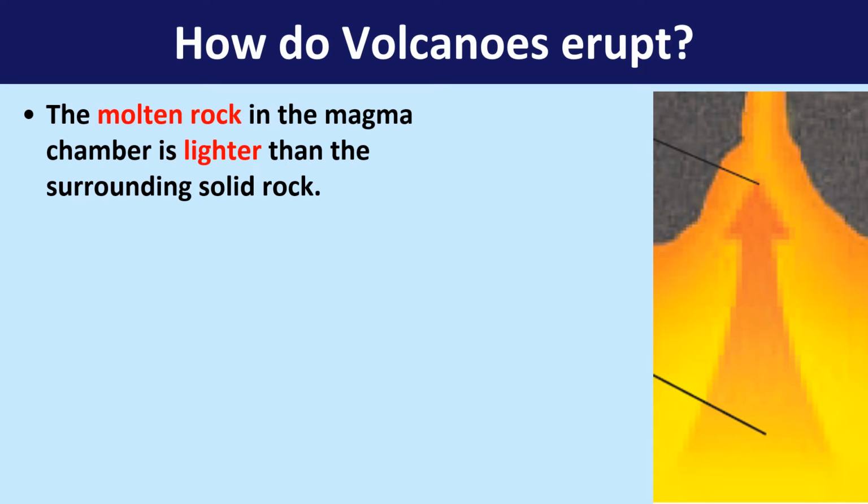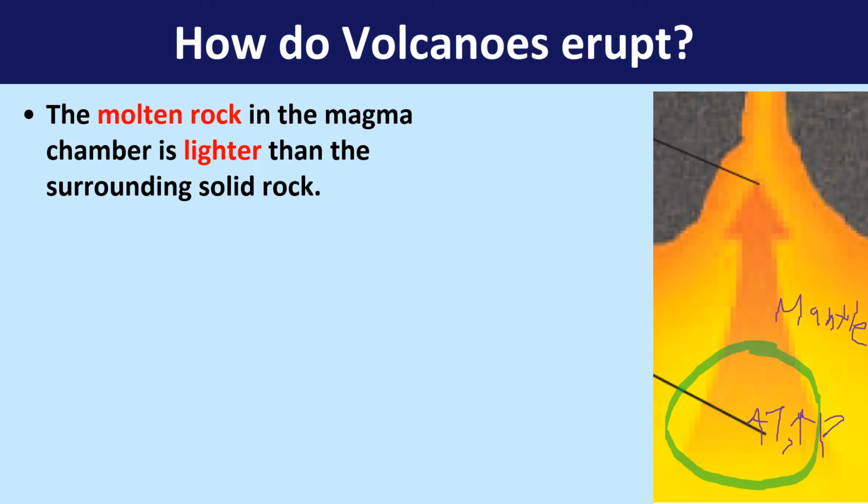So let's go through the steps. How do volcanoes erupt? Everything starts from our molten rock situation. If you think about this area, very deep underneath, the mantle, that is where you have a high temperature, high pressure environment.